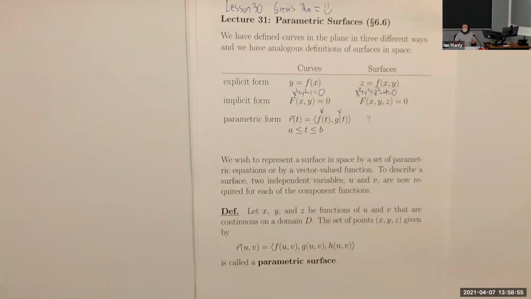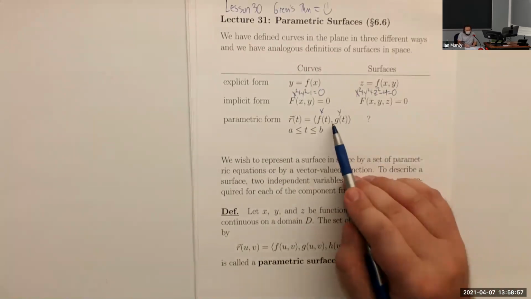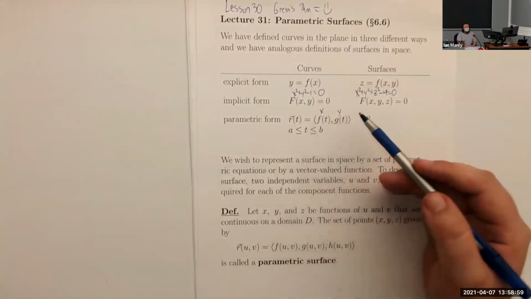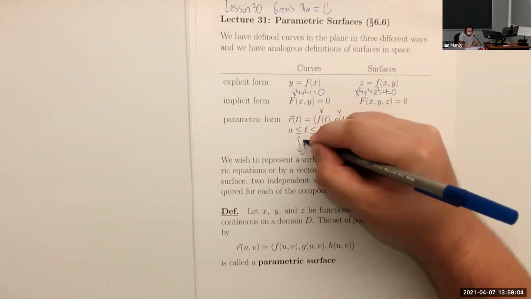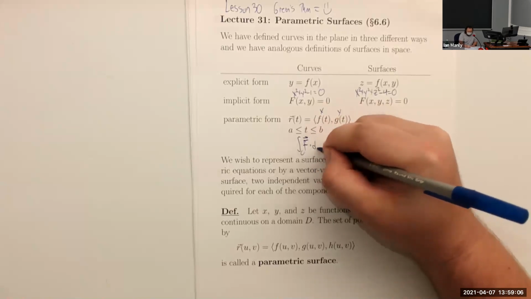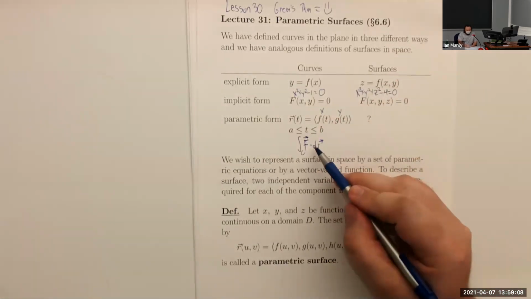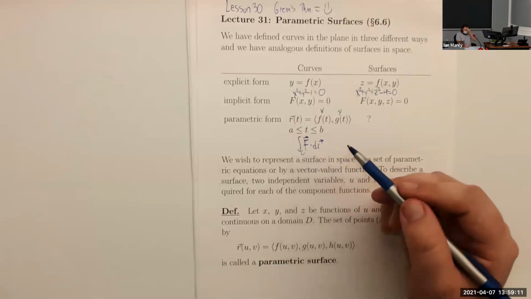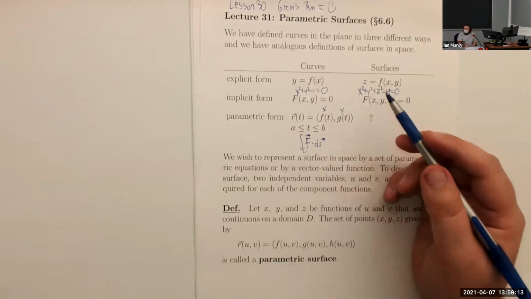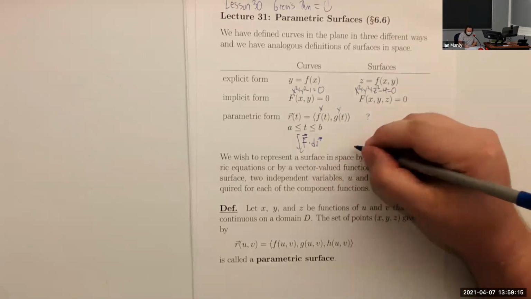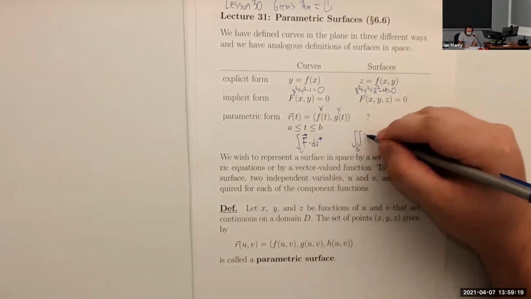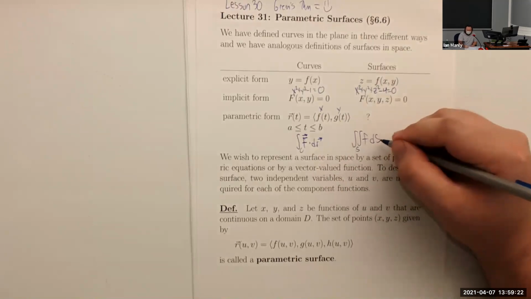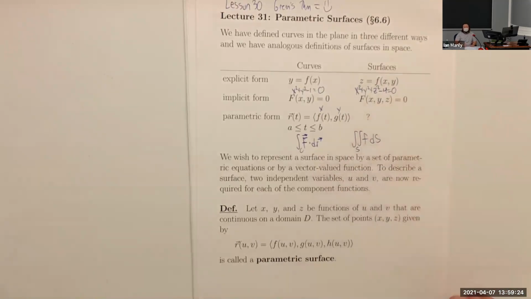And why would we want to do that? Well, we used parametric equations to be able to do these line integrals, right? So we're able to do these line integrals right here, and we were able to follow along a curve in space. What we're going to do in the next lesson here is we're going to do something kind of similar to line integrals, where we're going to integrate a function along a surface that's not necessarily just the xy plane or something like that.